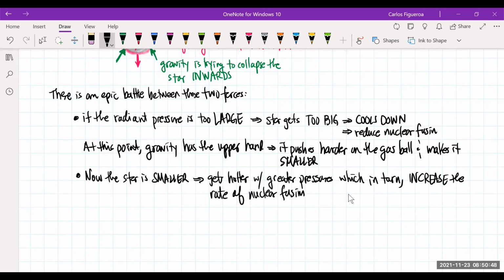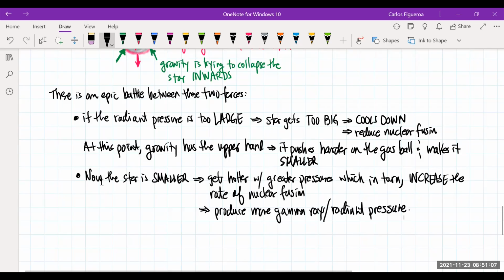And as a consequence, you then produce more gamma rays, more radiant pressure. And so these oscillating stars play a significant role in understanding how the universe works.